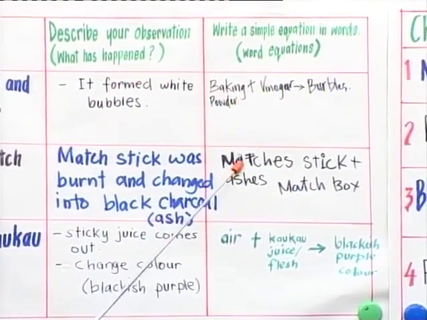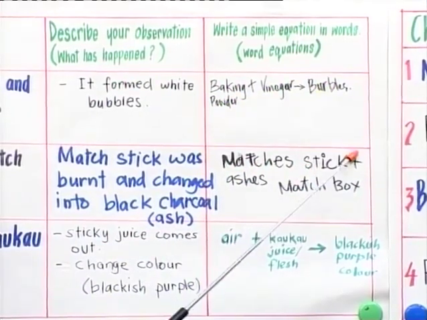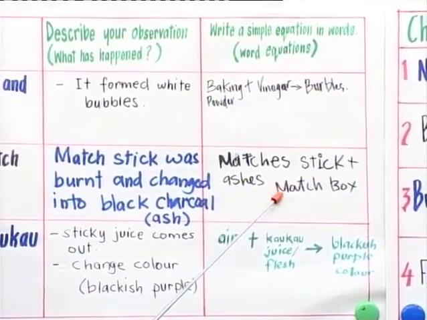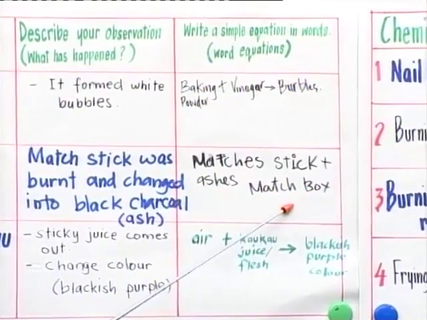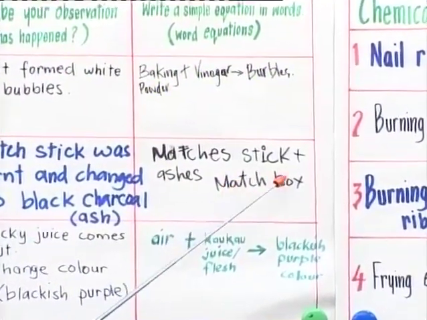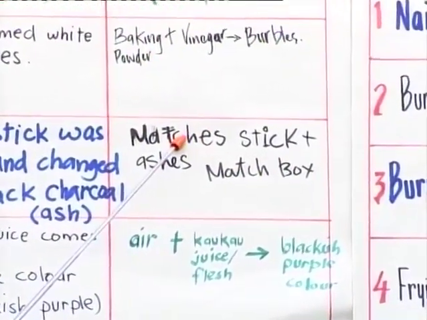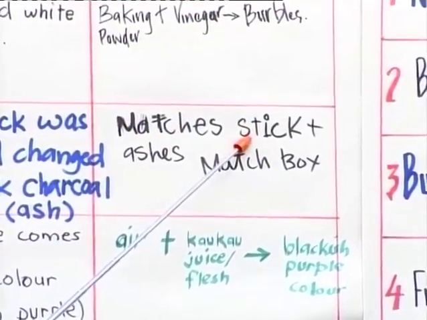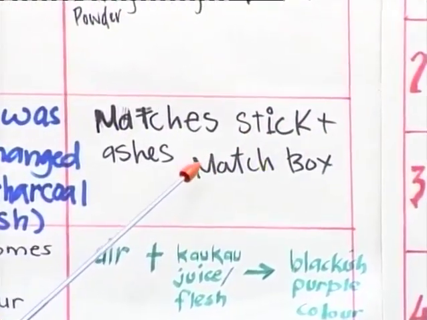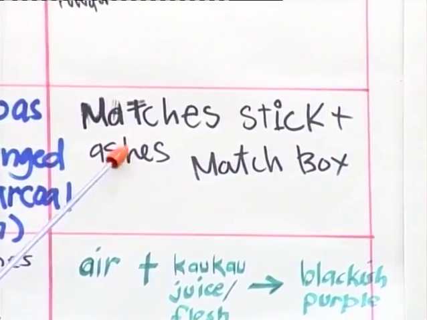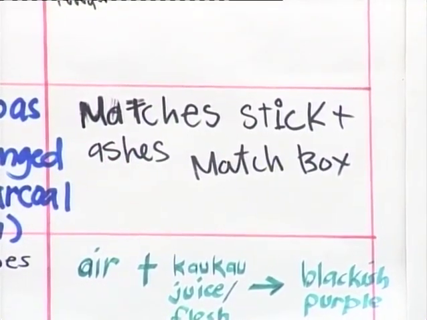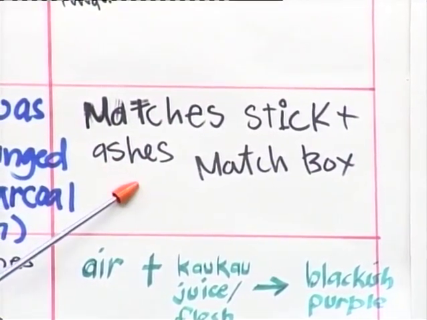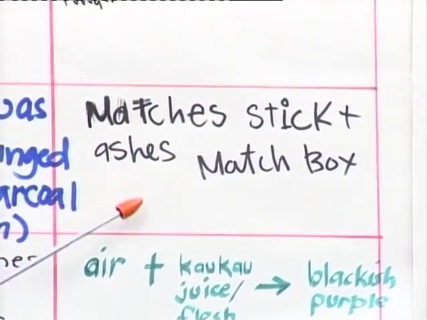His word equation is matchstick plus ashes matchbox, right? Okay, that's what Sconti thinks. It has a matchstick plus matchbox will give the ashes. Now, Evelyn, come and help Sconti to properly write down the word equation.